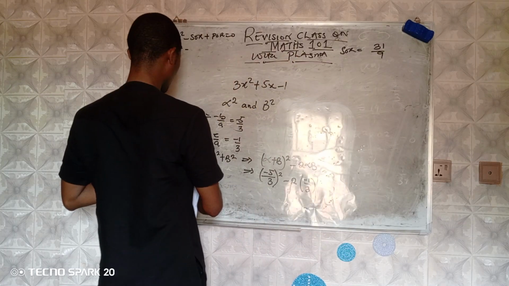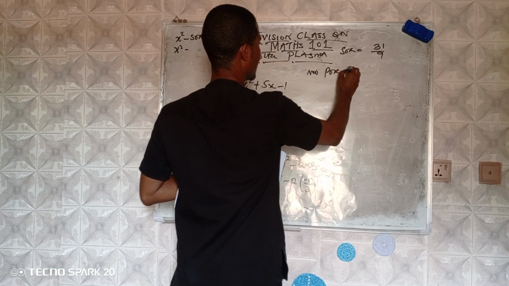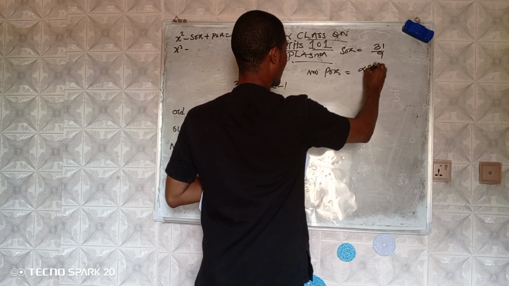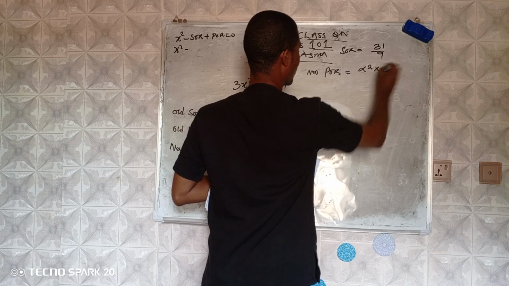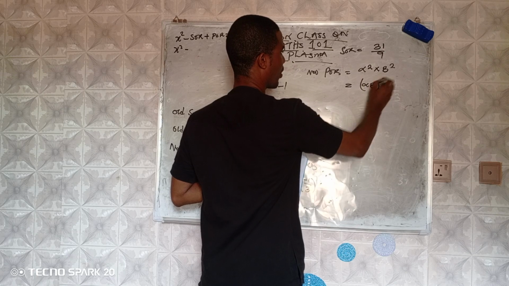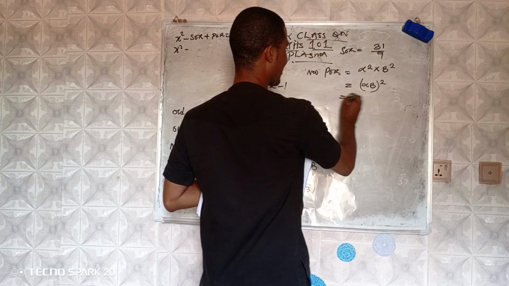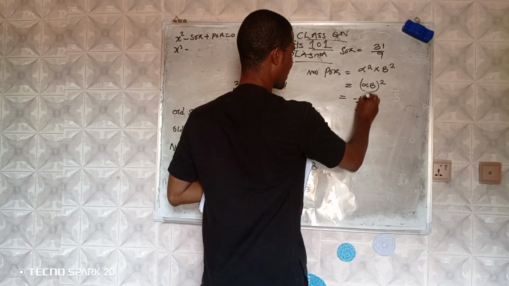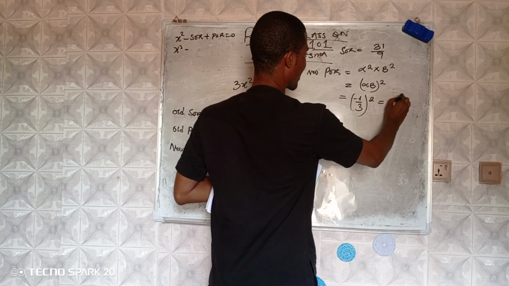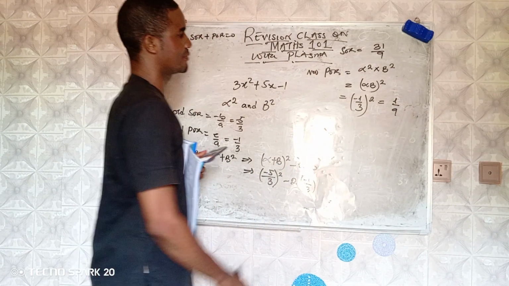So the next thing we need to look for is our POR, the new one. It's going to be alpha square times beta square. This is the same thing as alpha beta all squared. My alpha beta is minus 1 over 3 all squared, which will give me 1 over 9.